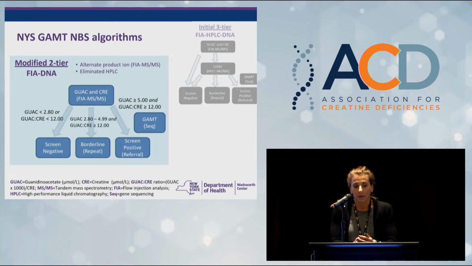One of the chemists in our lab was able to determine that the HPLC actually isn't necessary if you just analyze your data in a different way off of your mass spec. So we use an alternate product ion, and we've effectively eliminated the need for the HPLC test, saving time and money. The reason I bring this up is because I'm going to show you our data in the context of both algorithms.